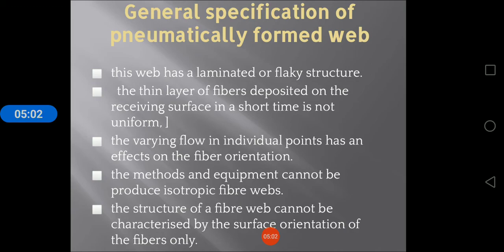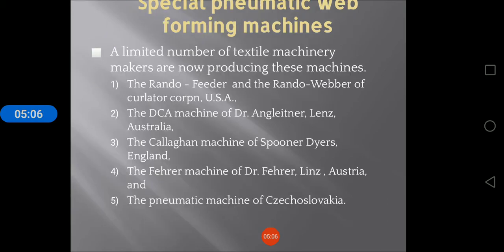The structure of the fiber web cannot be characterized by the surface orientation of the fibers only. Special pneumatic web forming machines: a limited number of textile machinery makers are now producing these machines. There are different types of machines, Rando Webber and DOA machines, and Spinnbau and pneumatic machines.